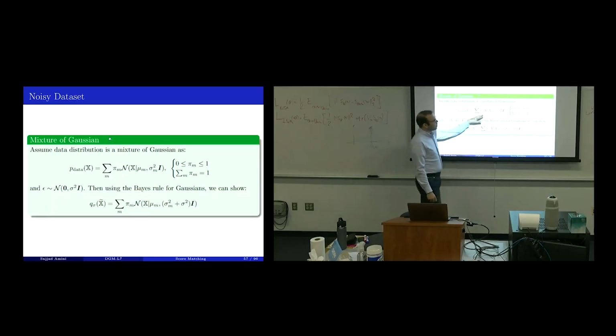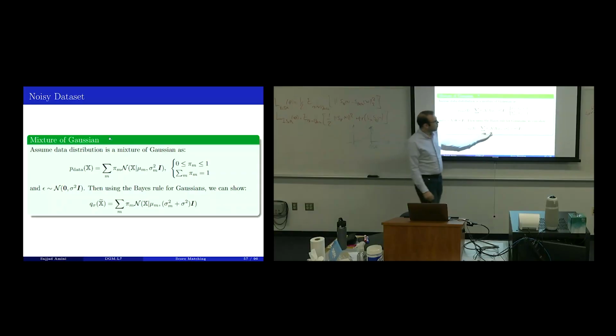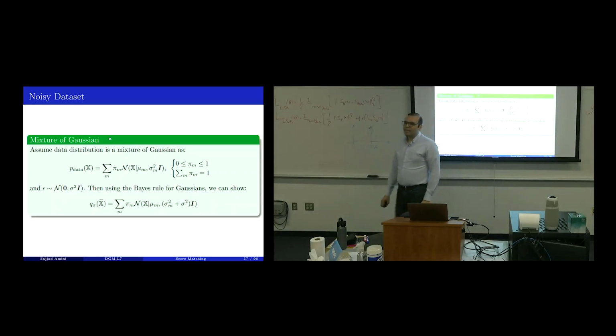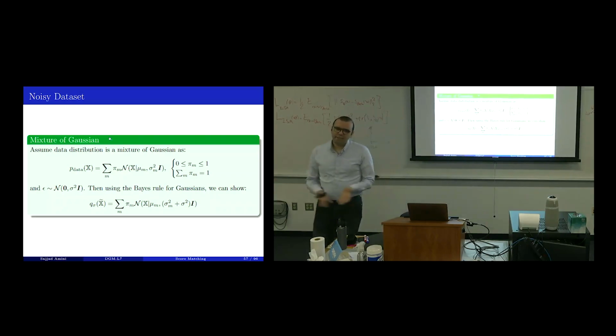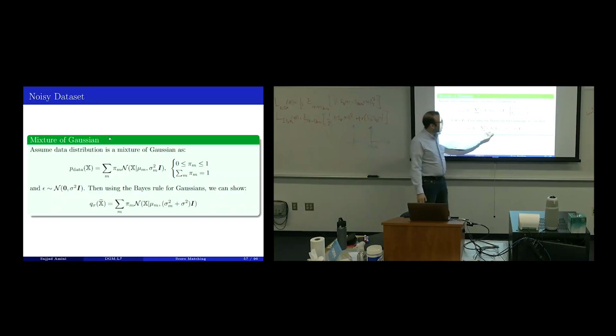If your true data distribution is a mixture of Gaussians, and you add this noise to your data, then just the variance of those Gaussians will be changed. For the Gaussian, you can have it in closed form, but in general, you cannot derive the closed form for this Q sigma of x tilde. Okay? Just the mean is not changed, just the variance is increased.